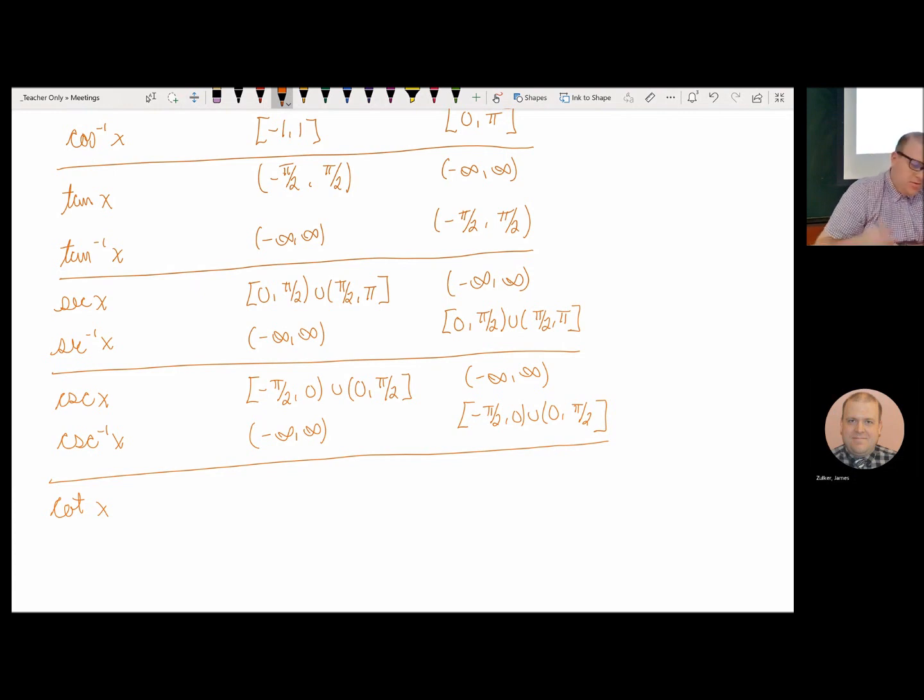No, wait, how is the range for secant everything? I thought the curves hit 1 and -1 and then headed off towards infinities again. Oh, no, you're right. It would be like with -1 and 1, right? Okay, yeah. And it's the same thing with the cosecant. That's right.